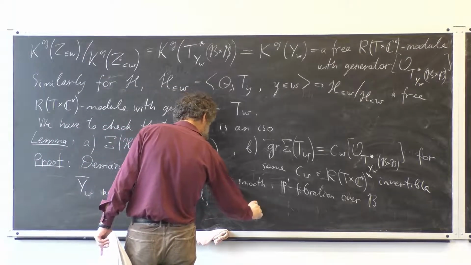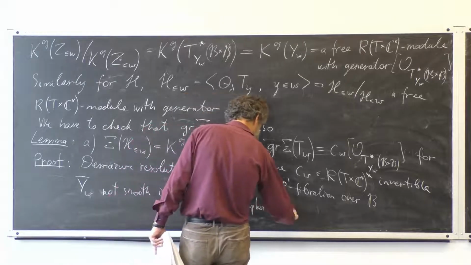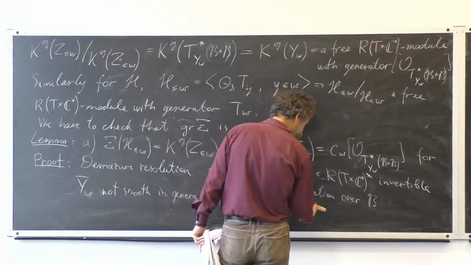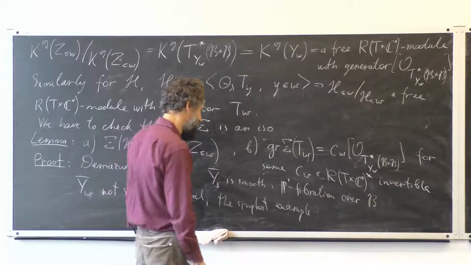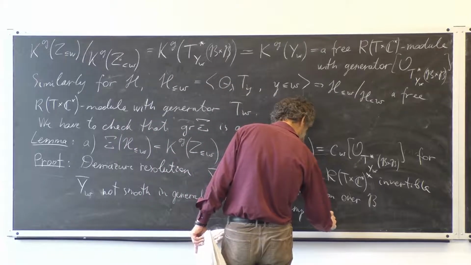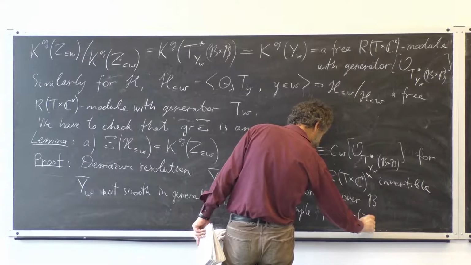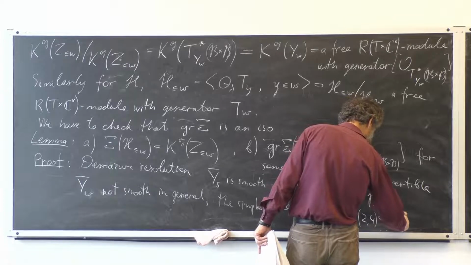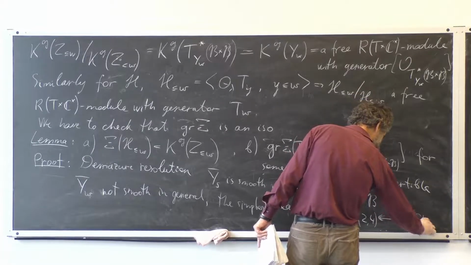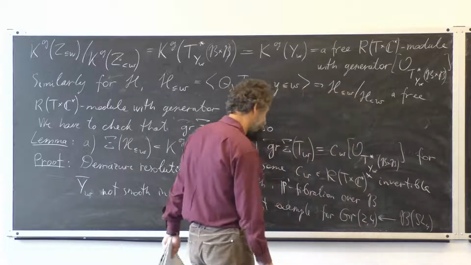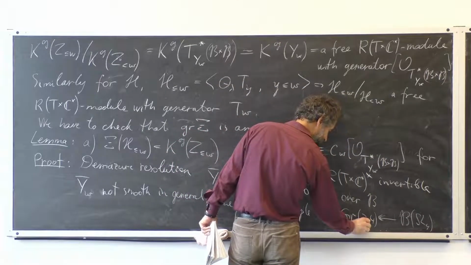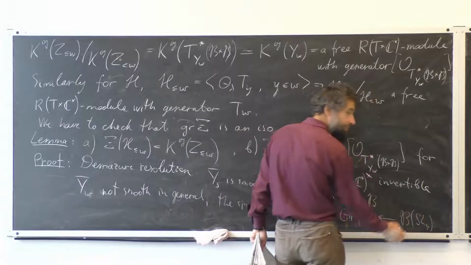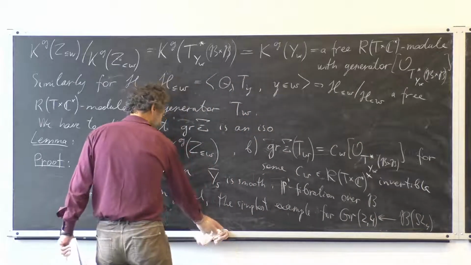So the simplest example maybe is for not complete flag variety, but parabolic flag variety. So it's Grassmannian 2, 4, but then certainly there's a projection from the flag variety of SL4, and if we produce a Schubert variety, say a singular Schubert variety here, its full preimage here will also be singular.